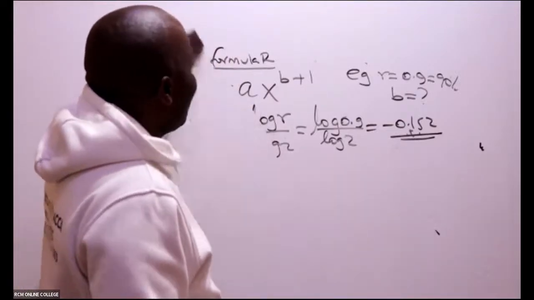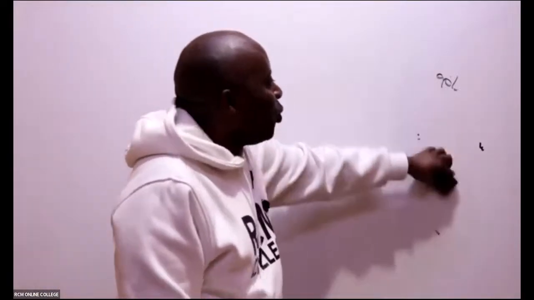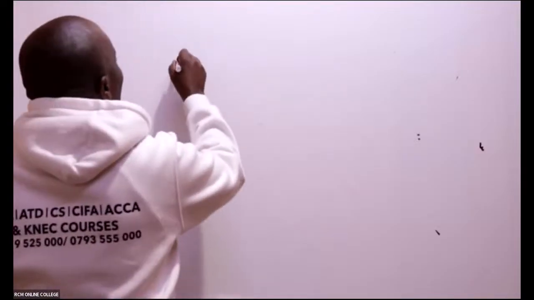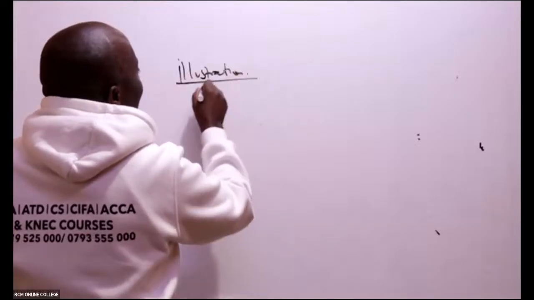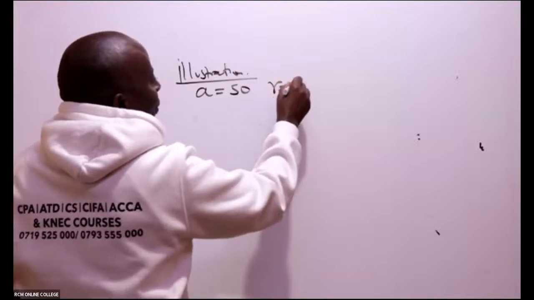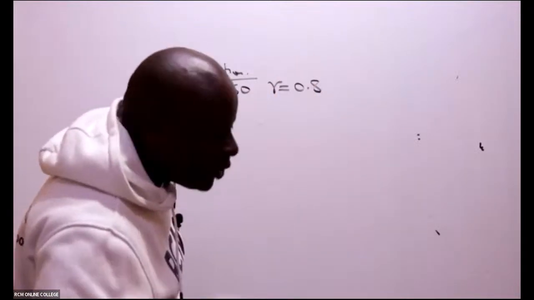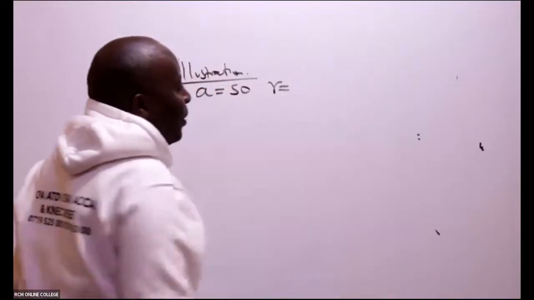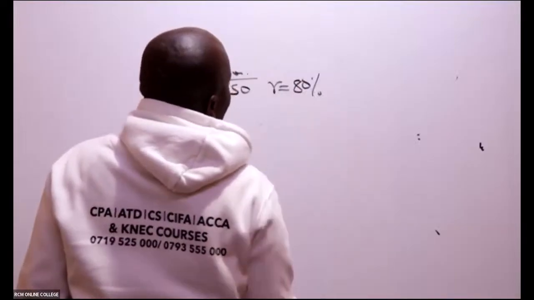Now, ladies and gentlemen, I would want us to take an example down that I'm writing for you here. Illustration. They have given us A. A is 50. They have given us the learning rate. The learning rate is 0.8, but let me write it as 80% to confuse some of us. So this is r.